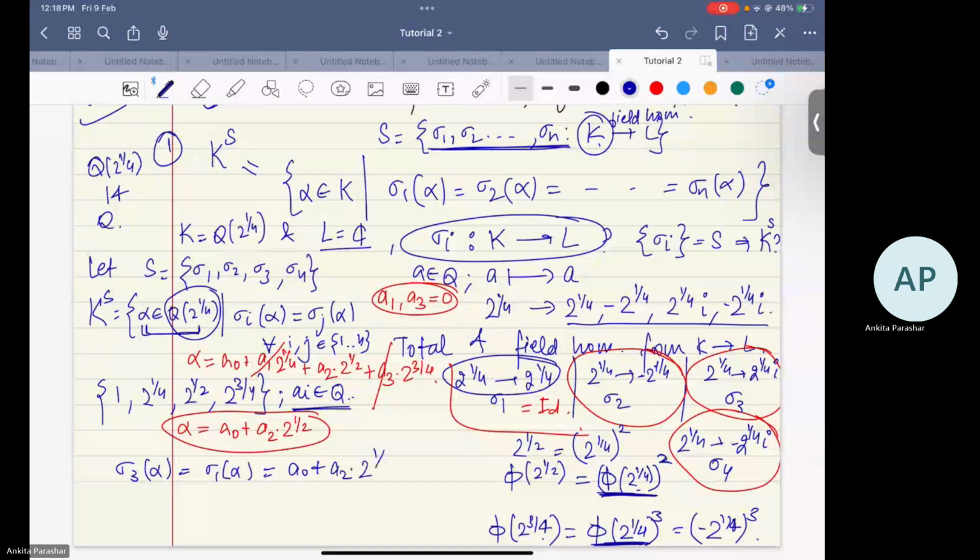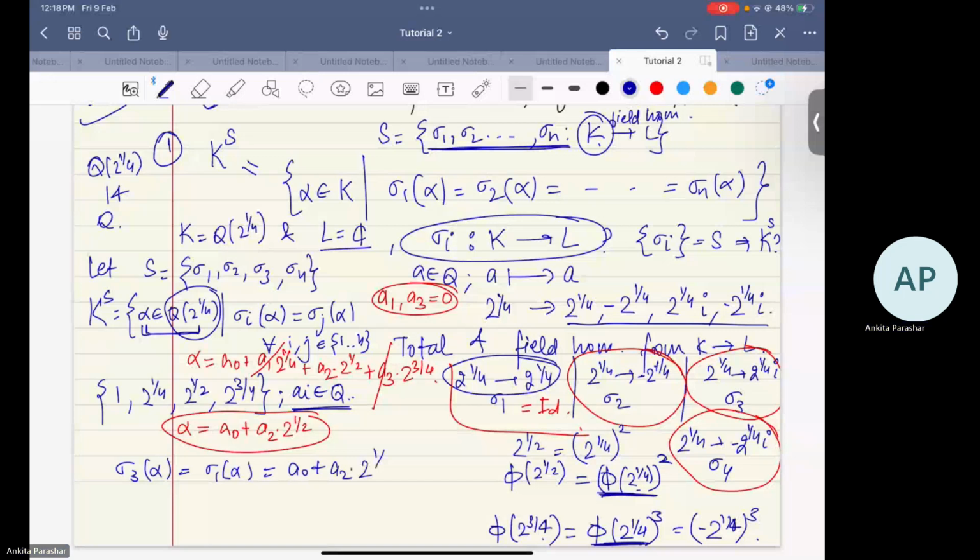So A1, A3 is 0, that means our element is left with A0 plus A2 root 3. I'm so sorry. This is alpha, which has been reduced by sigma 2 alpha equal to alpha, right? Only using this fact, because we have to equate anyway, but if you use this fact only, then we got A1, A3 zero from the previous case.